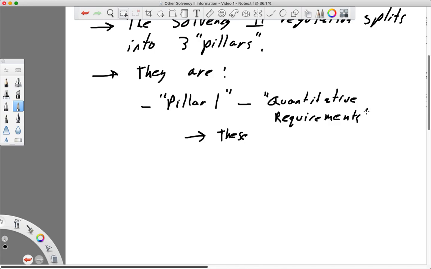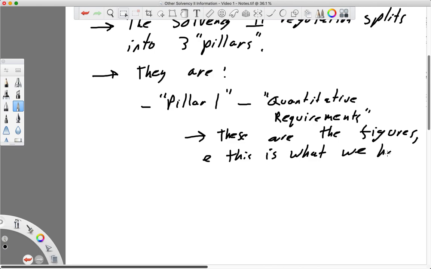These are the figures, and this is what we have talked about so far. So Pillar 1 is just all about the numbers. So standard formula, internal model, and that's all the stuff that we've been talking about.